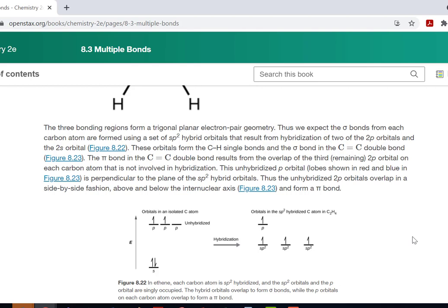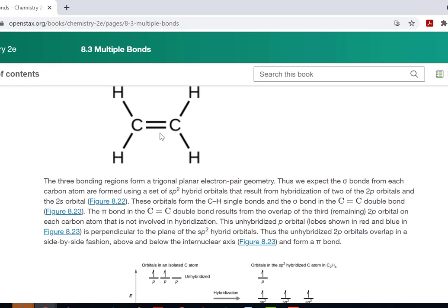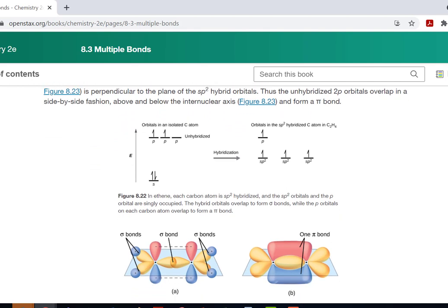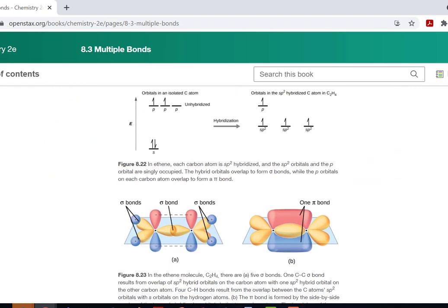The way that this actually works is that in order for us to describe this multiple bond, we also use the unhybridized orbital as part of the model. So we can see that here. Describing the bonding between all of the atoms here, we can see all of these sigma bonds.